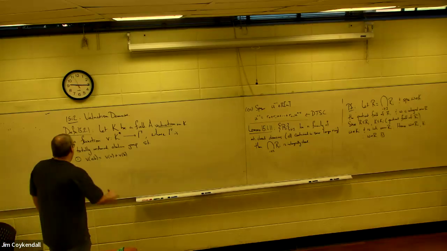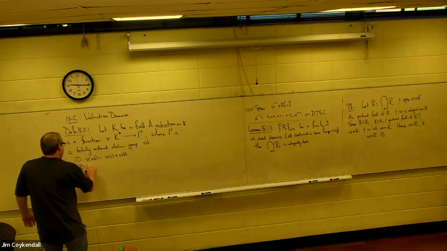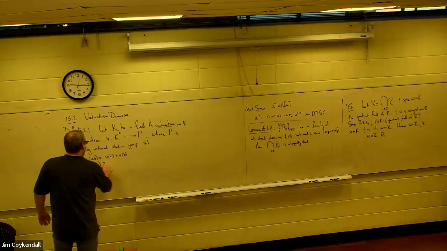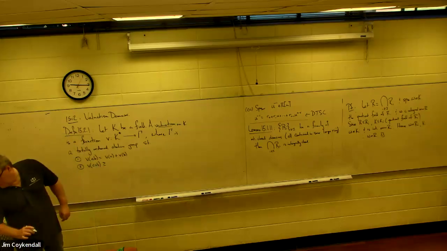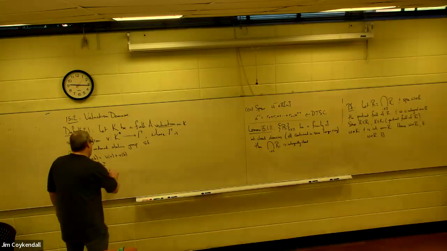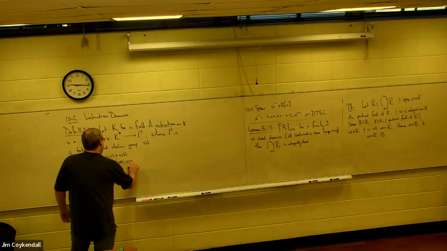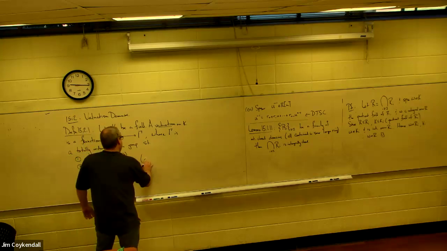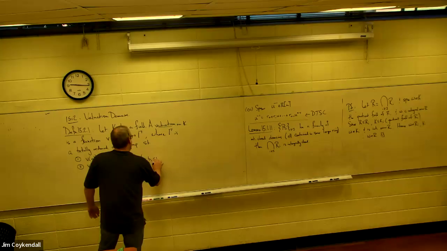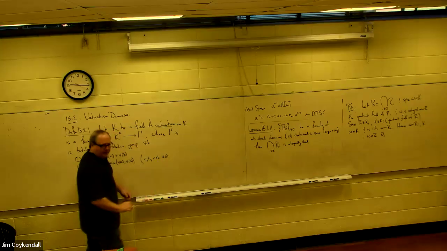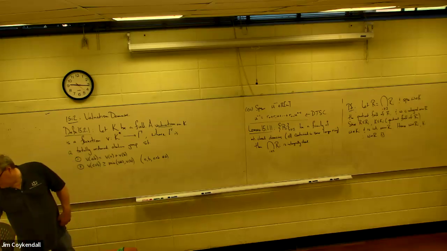And two, the value of A plus B is greater than or equal to the minimum of the two values. Here A, B, and A plus B are non-zero, because I want to stay in the domain.